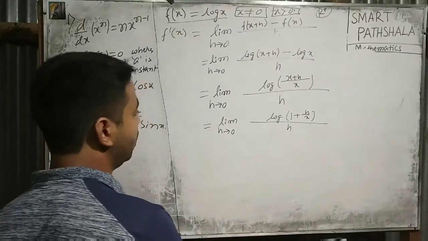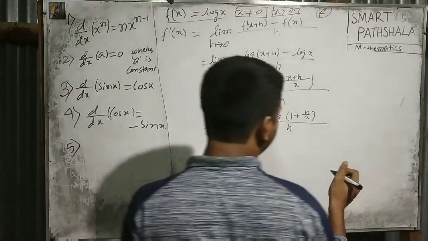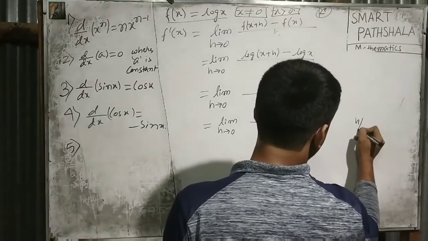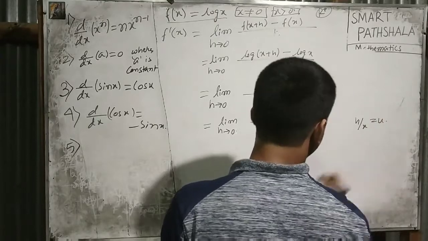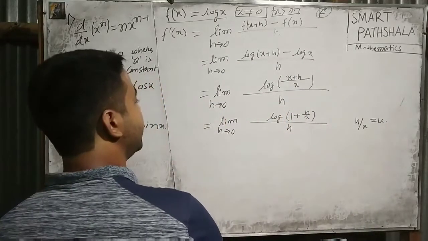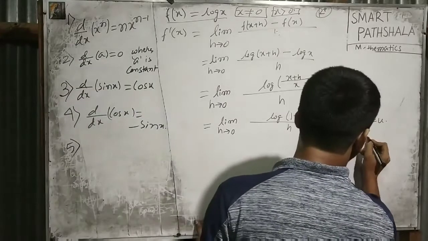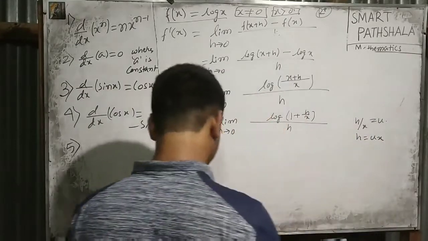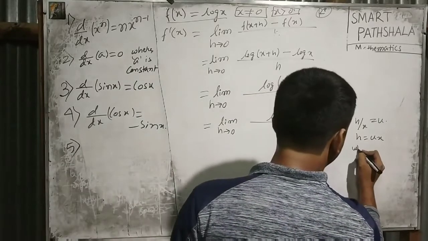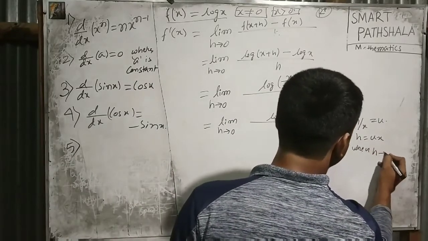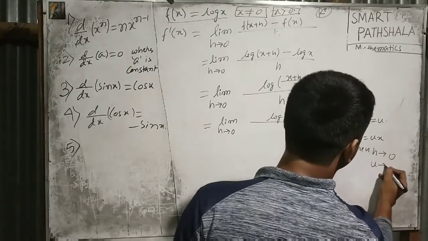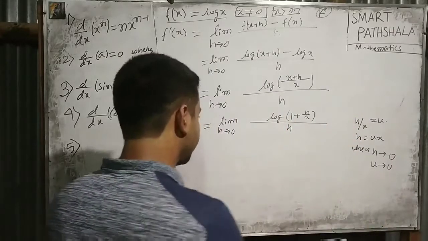Good. Suppose I put h by x as u. Then what is h? It is ux, okay? Then when h is tending towards 0, u is tending towards 0, obviously.